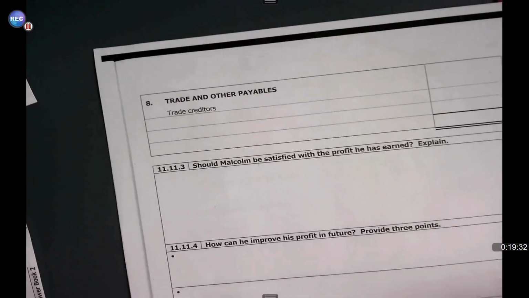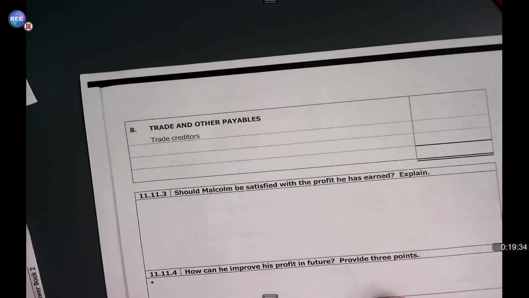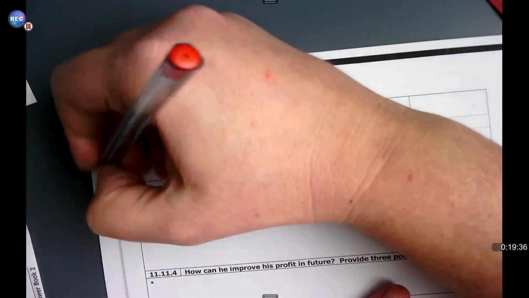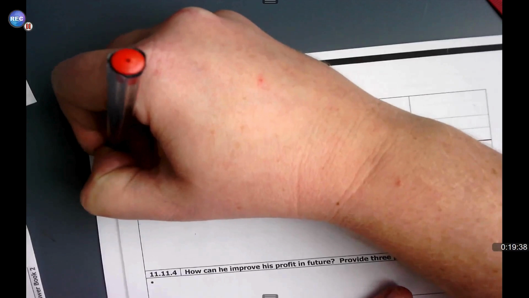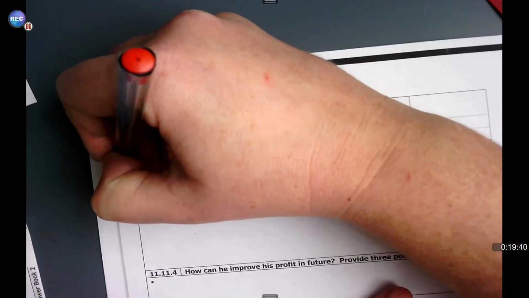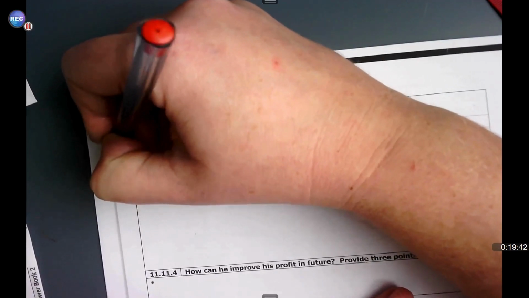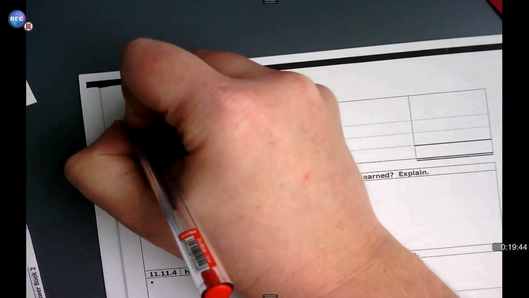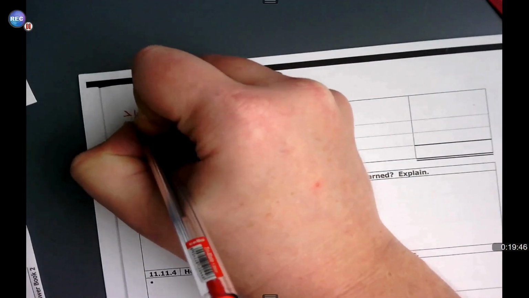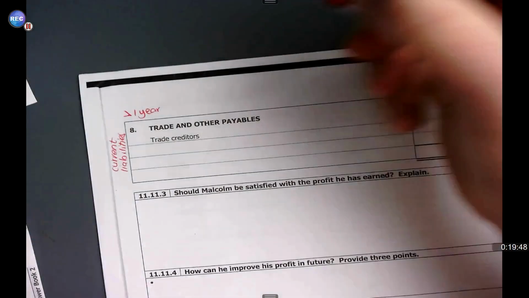Okay. Last account we're looking at is your trade and other payables. So these kind of things are your current liabilities. In other words, something that is less than 1 year that you are going to pay for.